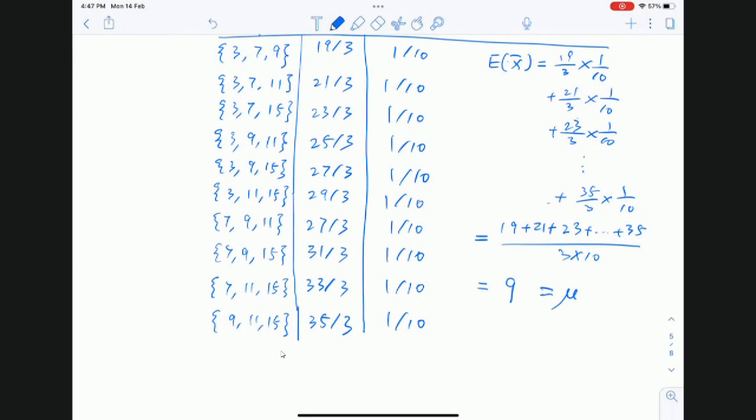Now, besides this, we are also asked to compute the variance. We do the same thing as before, but this time we are talking about a discrete case.